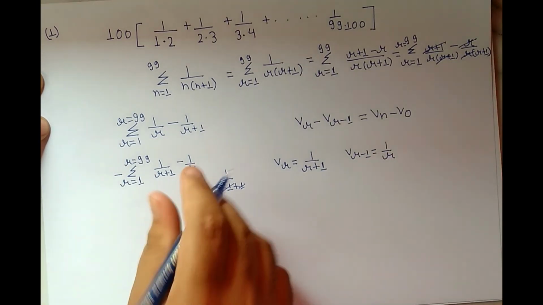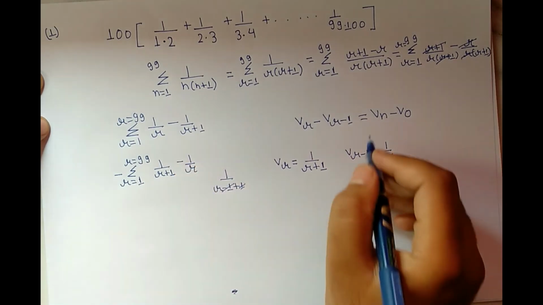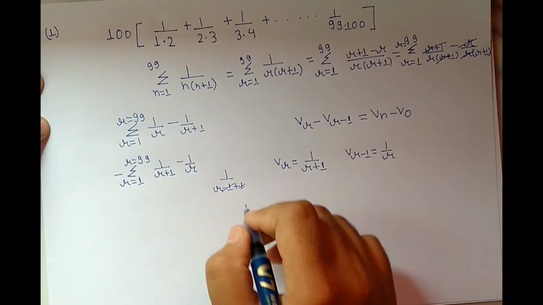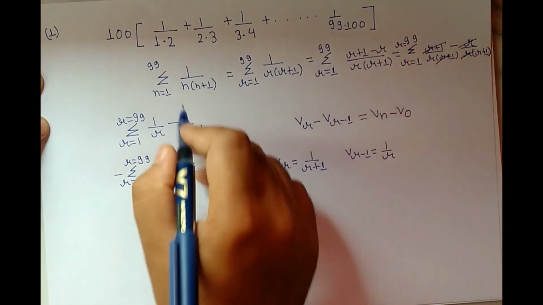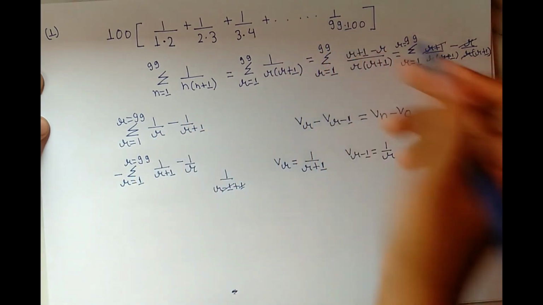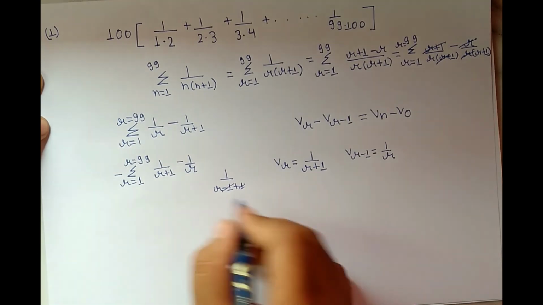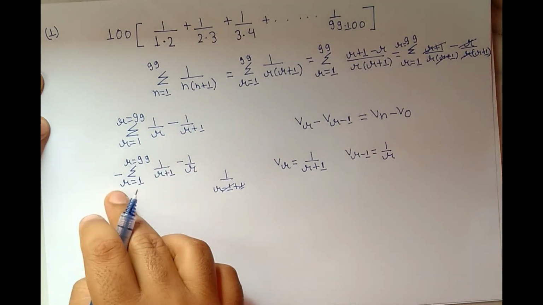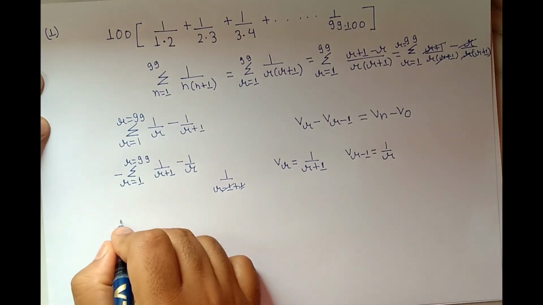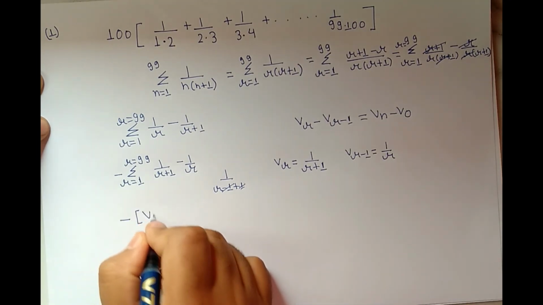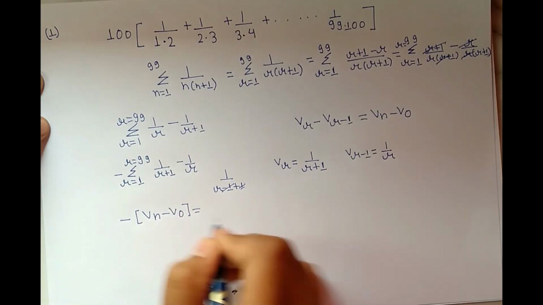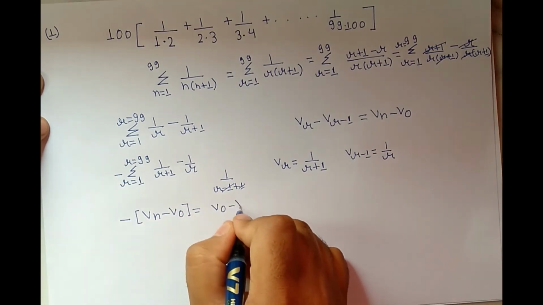So actually the sum of the series should be Vn minus V0. We know that over here n is basically 99, that is the last term, 1 by 99 into 100. So I would write the simplified equation as, not to forget the minus sign over here, minus of Vn minus V0, which would give us V0 minus Vn.